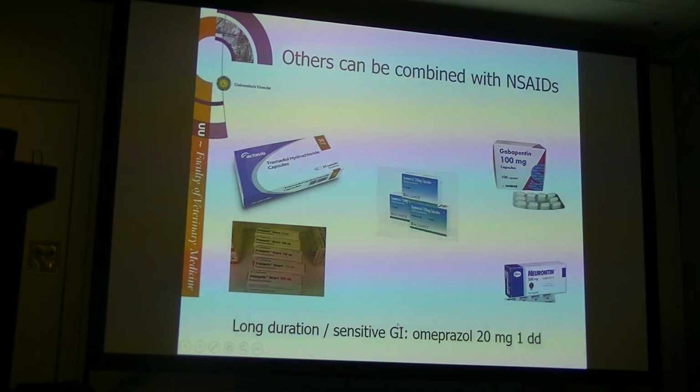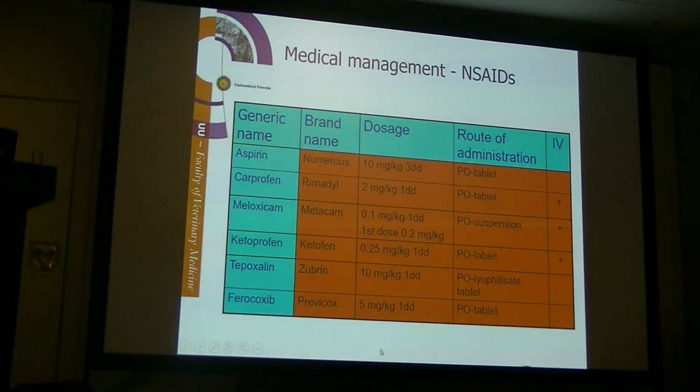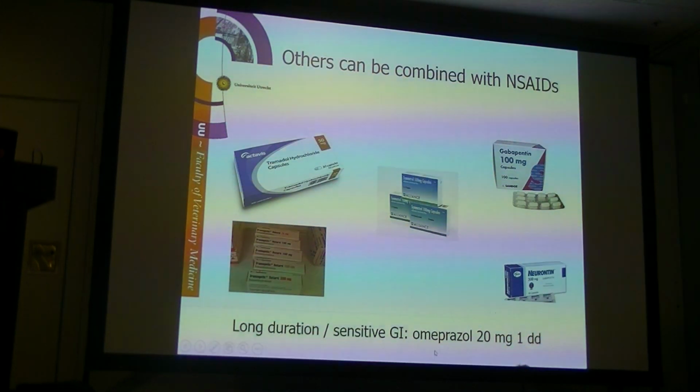And if we continue with NSAIDs for a long time, so this is specifically for NSAIDs, then we combine it also with omeprazole to protect the stomach and the intestines from the side effects of NSAIDs.